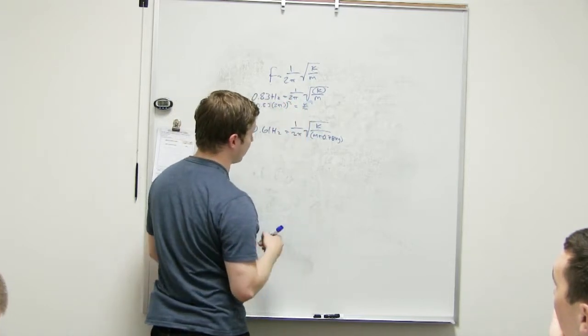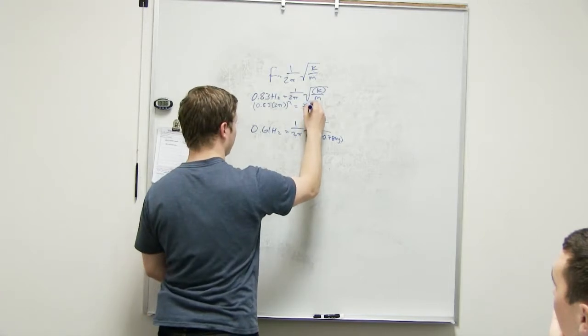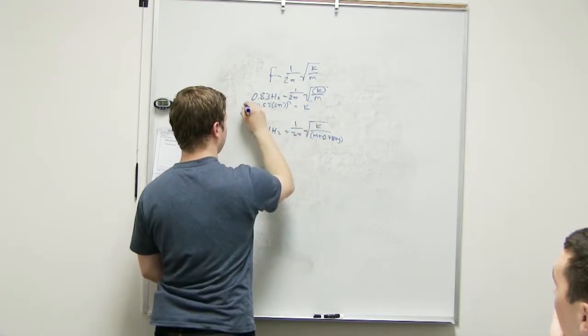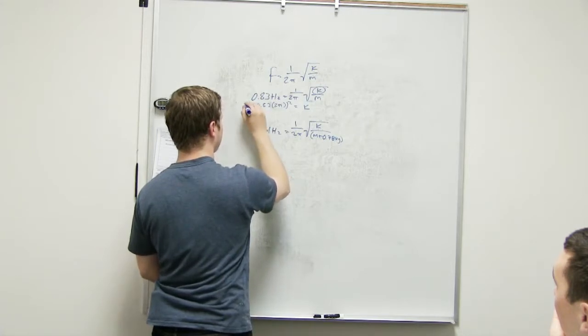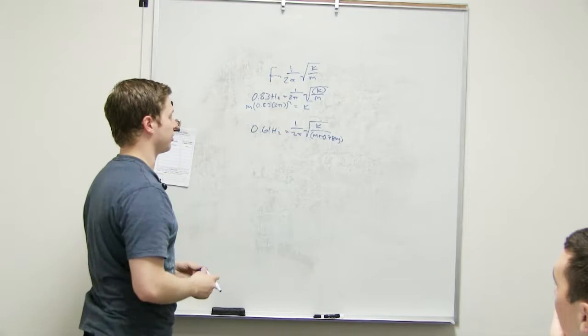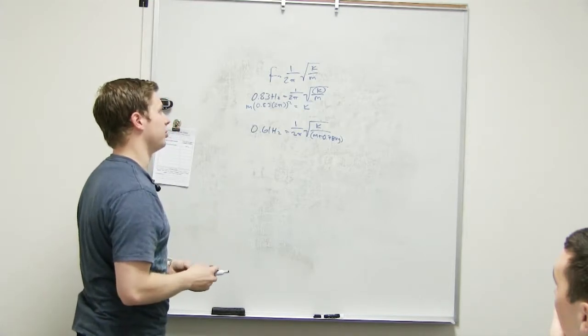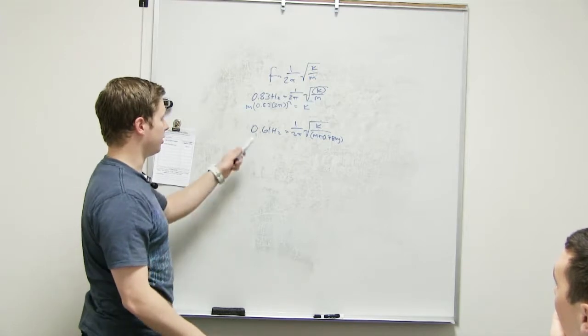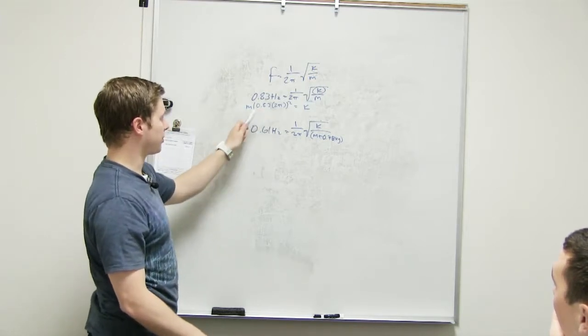Then we want to multiply by M to get K by itself. So K is 0.83 times 2 pi, squared, which is some number times M.